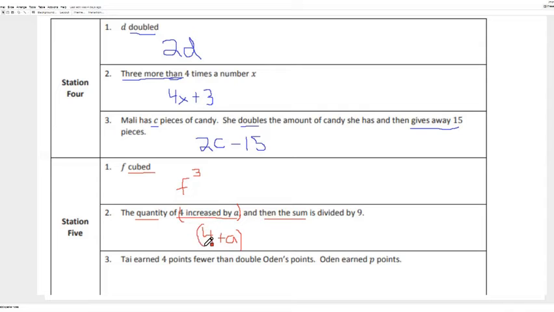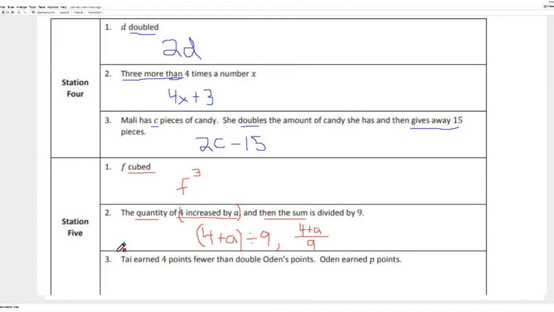So I need to put it in parentheses and then divide by 9. Well, you could use the fraction bar, remember, or the division sign. I'm going to go ahead and write it both ways for you, just to help you remember. Either way works. We're going to put all of this over 9.